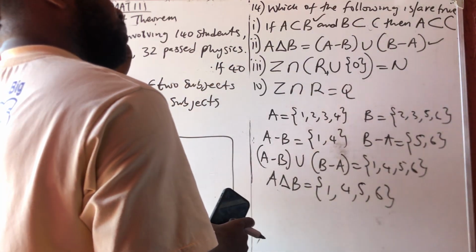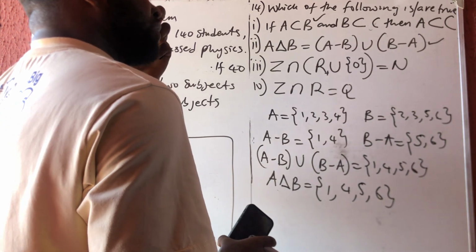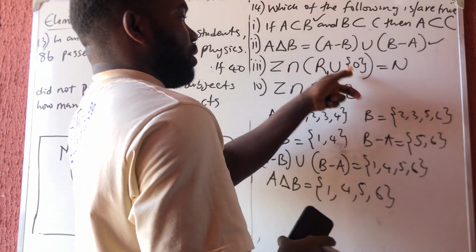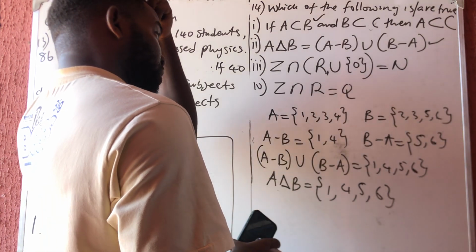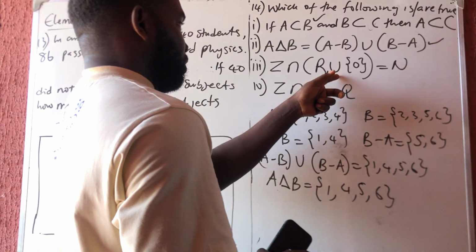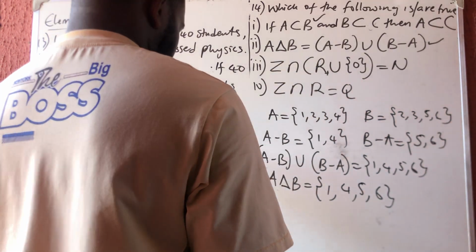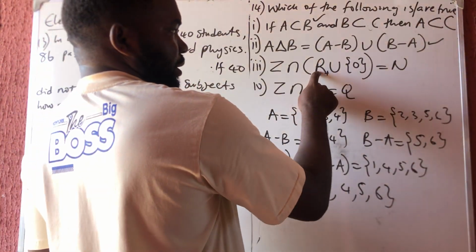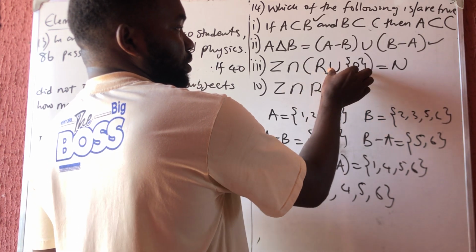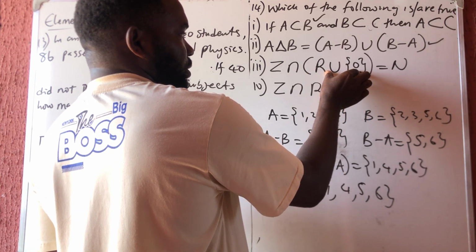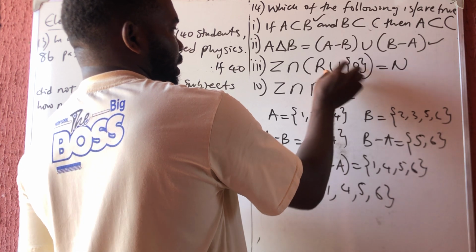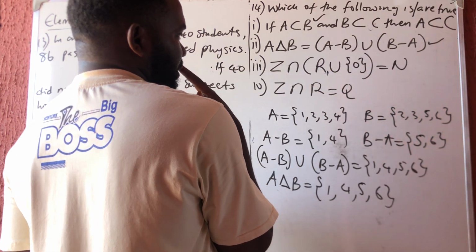For the third one, we have positive real numbers with 0. The intersection of this with this. Positive real numbers with 0, if you intersect it with natural numbers, what do they have in common?